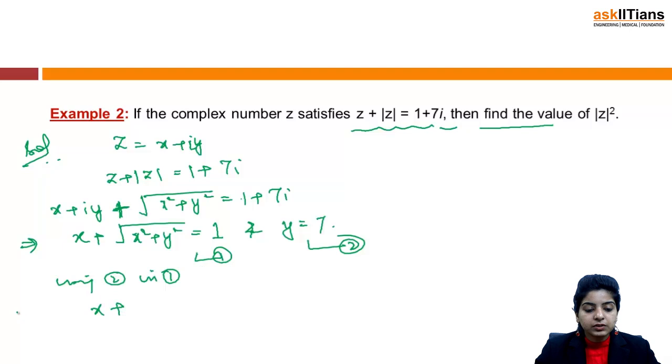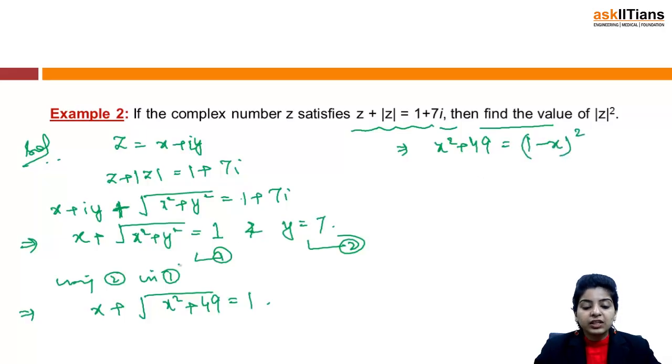So this becomes x plus under root of x square plus 49 would be equal to 1. That means my x square plus 49 would become (1 minus x) whole square. We'll keep the term in under root sign on one side, and I've taken this x on the other side.